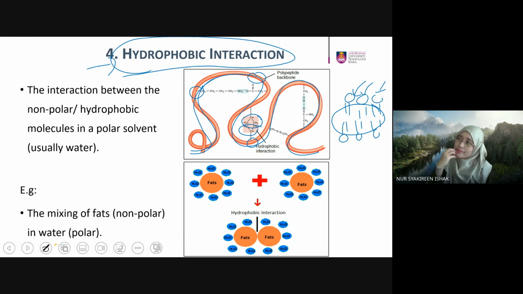Hydrocarbons are molecules composed of carbon and hydrogen. The interaction between carbon and hydrogen forms a non-polar covalent bond, so it makes the molecule non-polar. Non-polar with another non-polar forms hydrophobic interactions. It does not attract water molecules.